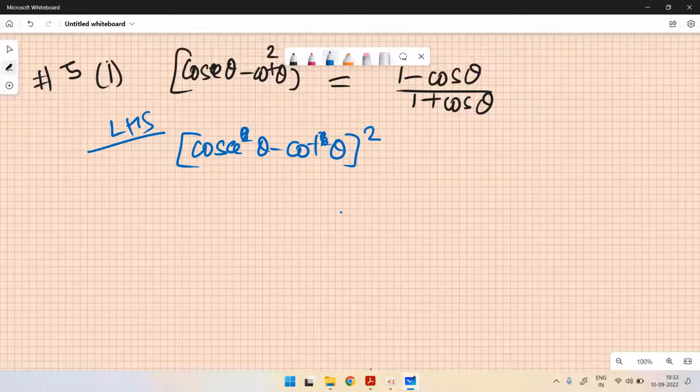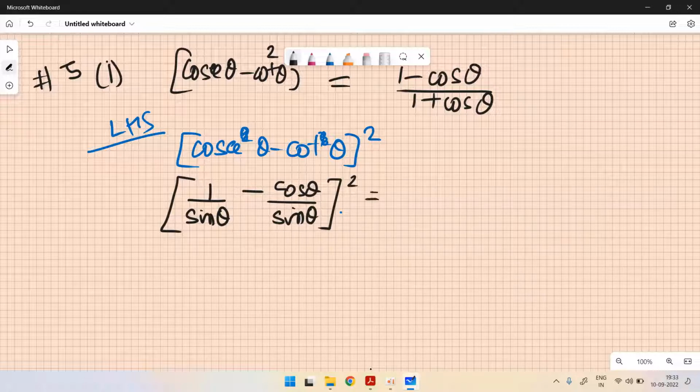You know that cosecant theta is 1 by sin theta, and cot theta is nothing but cos theta by sin theta.